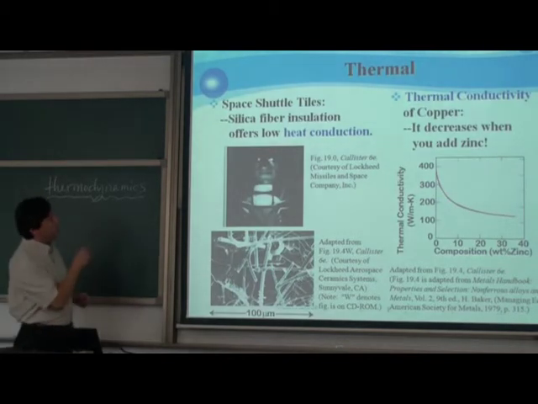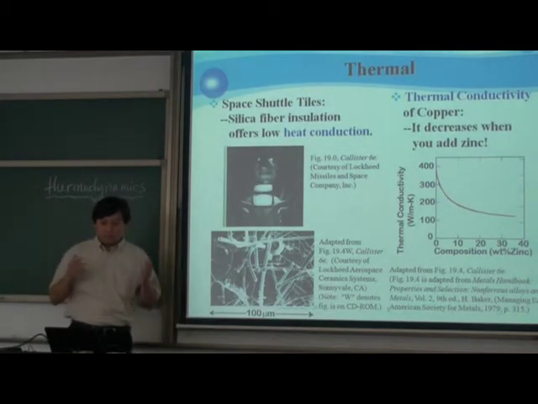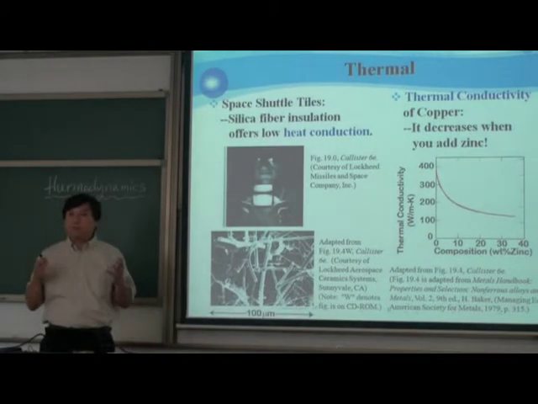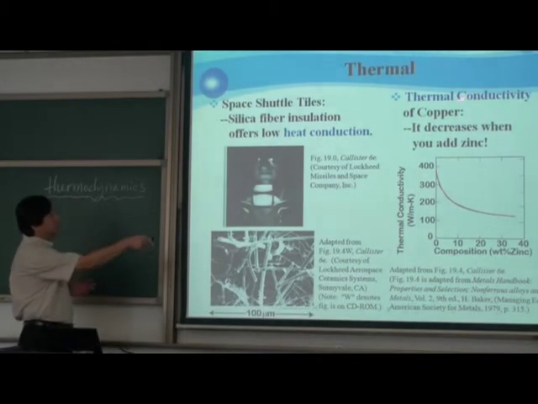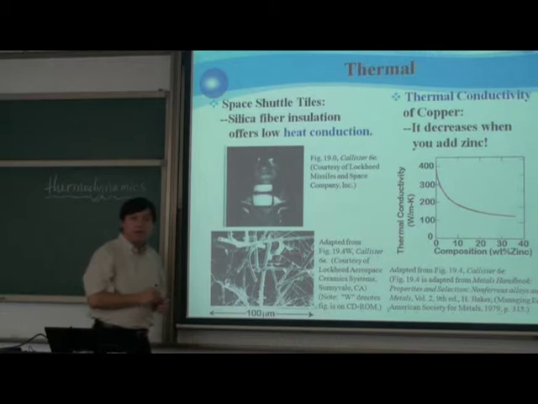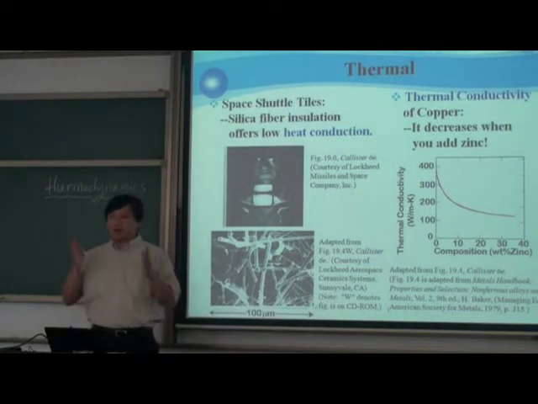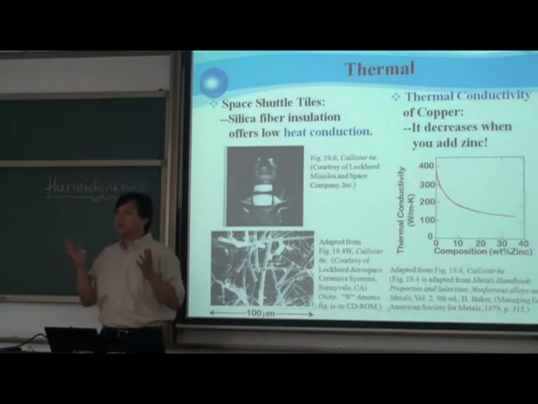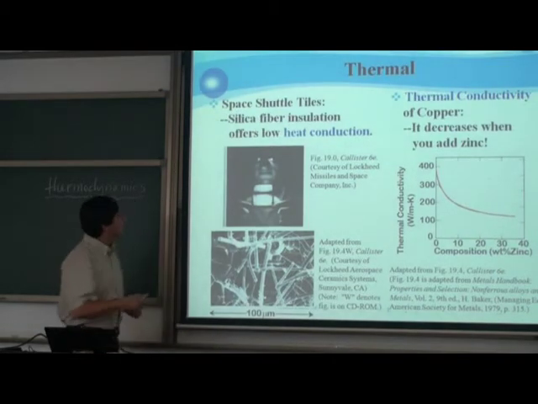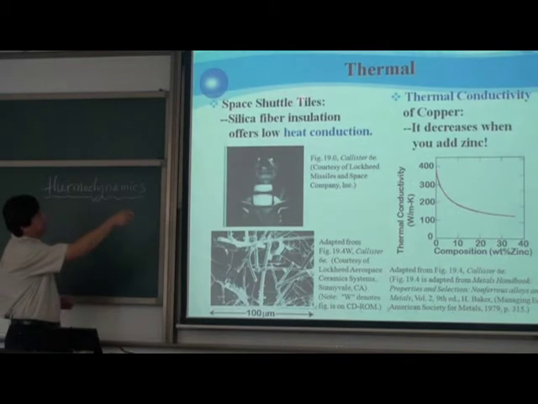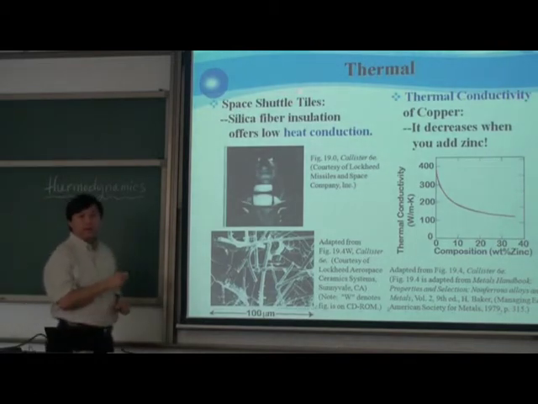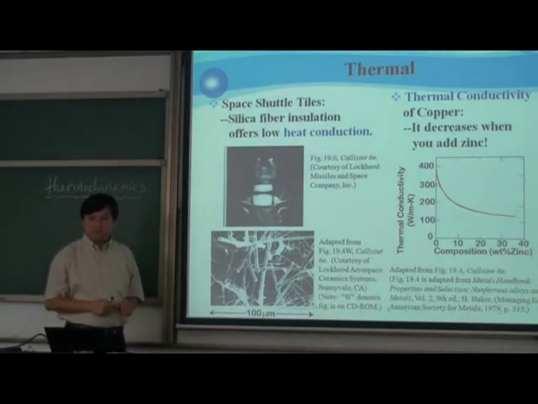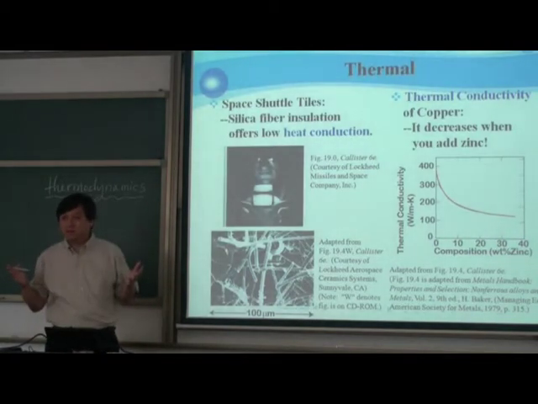I think thermal properties. When we talk about thermal properties, most of the time we mean thermal conductivity. Because a lot of materials are good conductors of heat, but some materials just cannot conduct heat. Okay, so let's look at this, space shuttle tiles. What is a space shuttle? Everyone knows what a space shuttle is, come on.